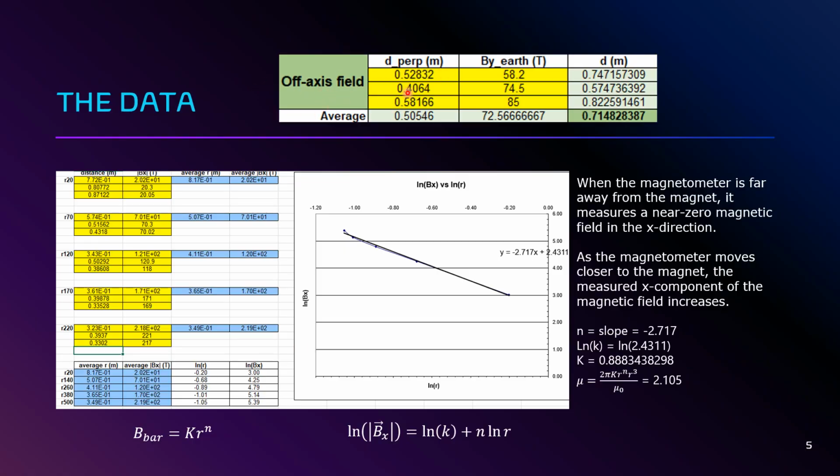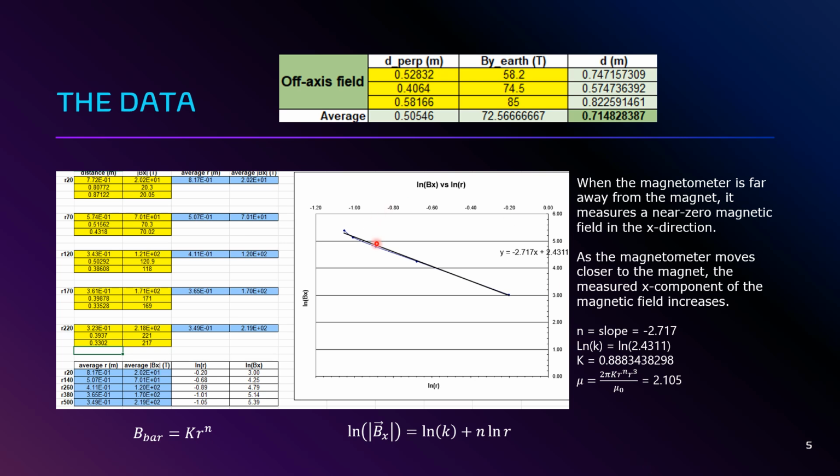So this is our little data here. This is our off-axis field, and over here, most importantly, we take down the distances whenever we have approximately a certain amount of our magnetic field, where this is approximately 20, this is approximately 70, but of course we take down all these actual numbers.